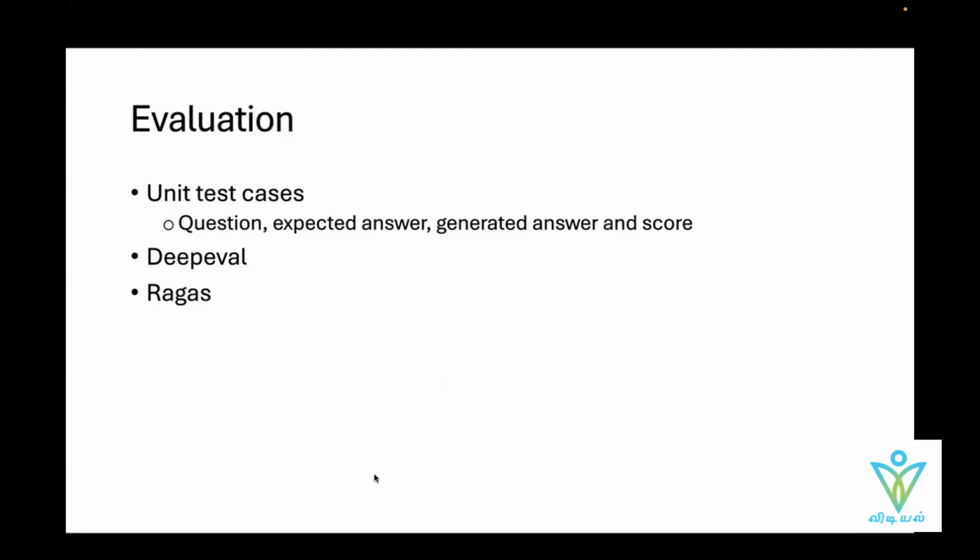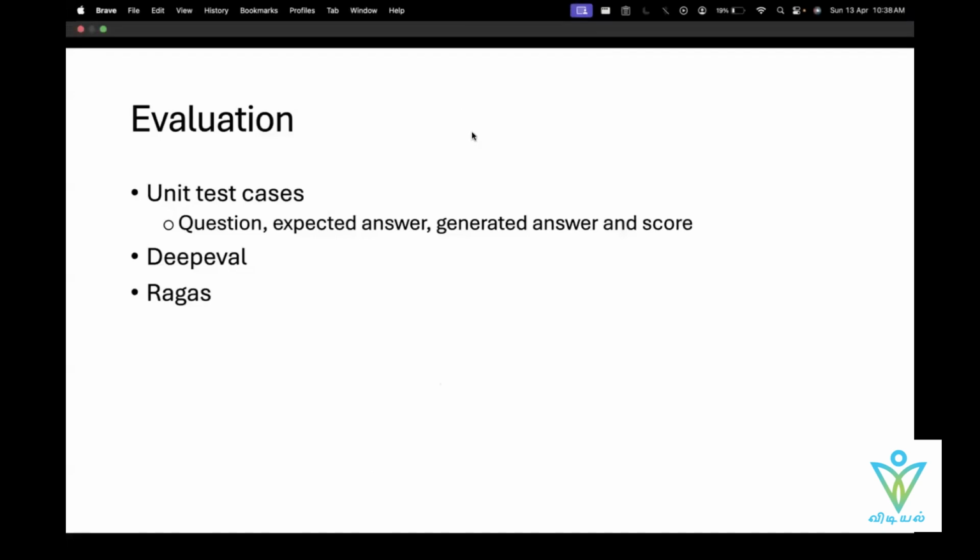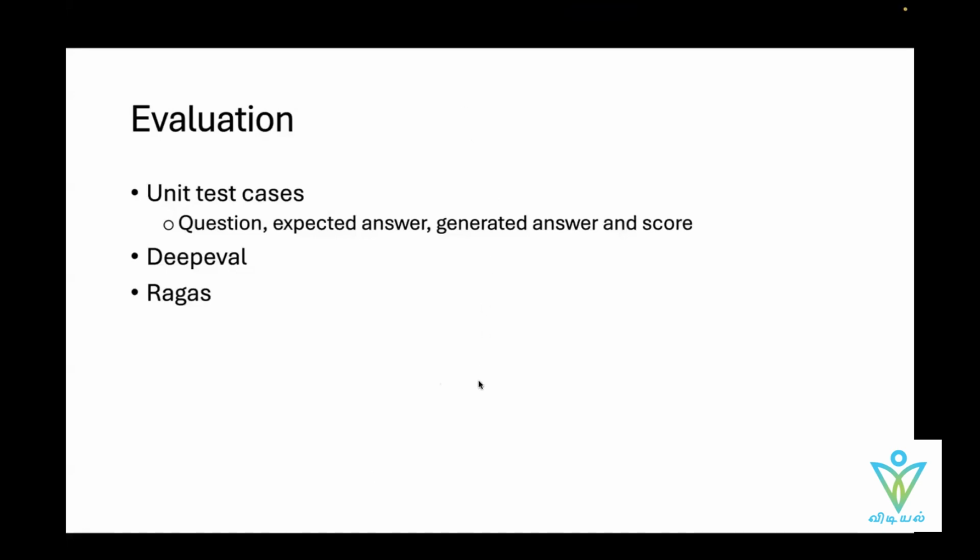What you do in a typical application is give it to your QA when the application is ready, and the QA prepares test cases. The test case will have their expected behavior of the application and the current behavior.